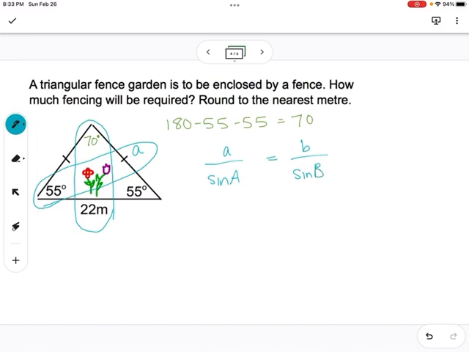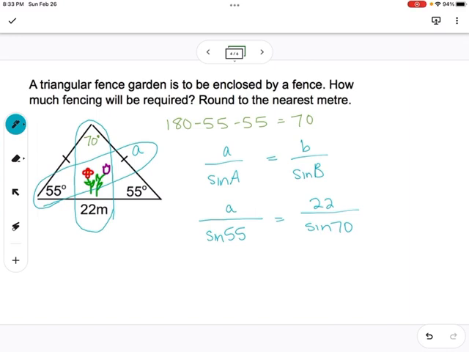So side A, we don't know. The angle that pairs with that side A is our 55 degrees. So a over sine 55 equals, with our other pair, our length is the 22 meters, so 22 over sine, and the angle matching with that is the 70 degrees, sine 70.